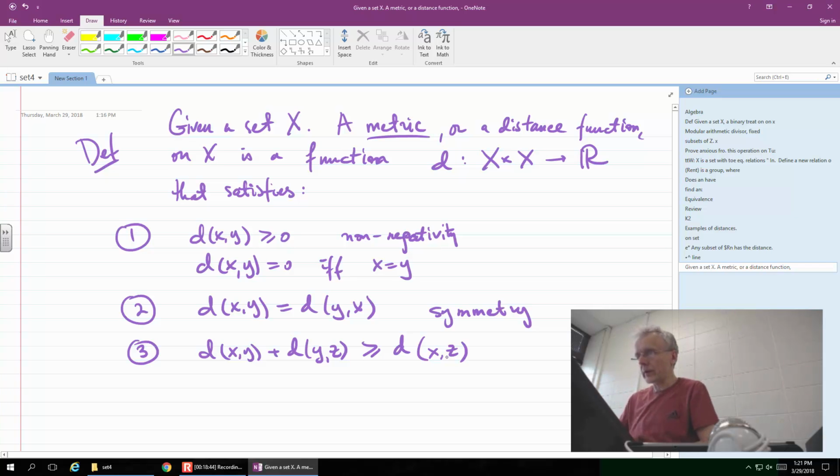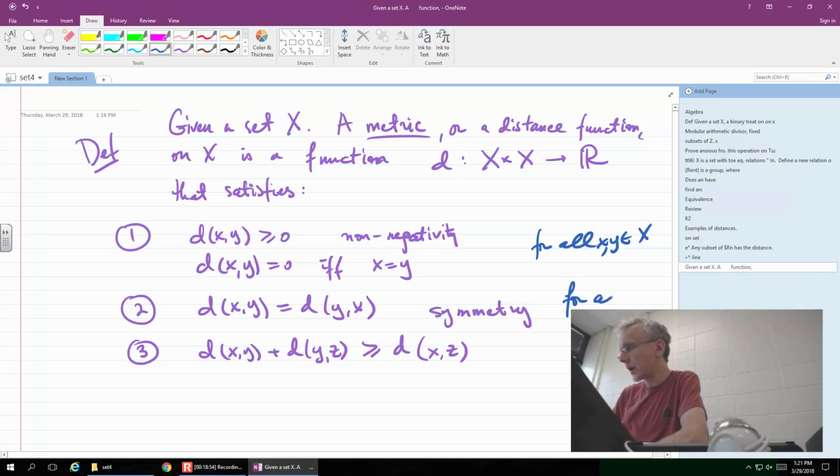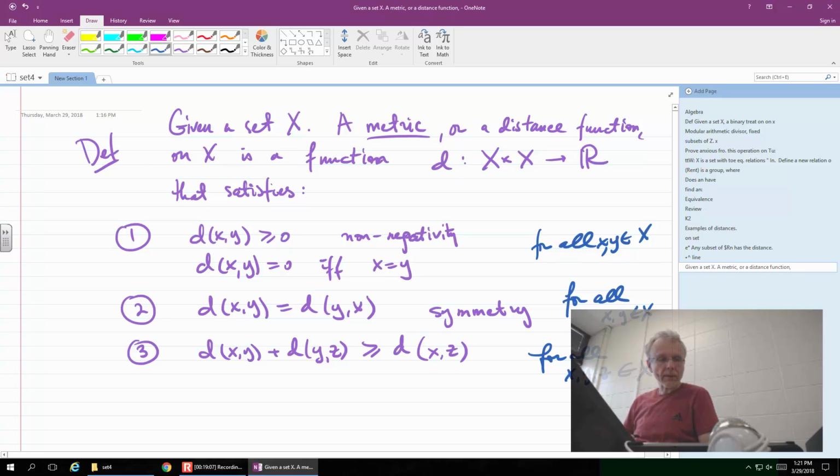I forgot to put the quantifiers. The first two are for all x, y in X, and this is for all x, y, z in X. So this is it. All of these are the axioms.